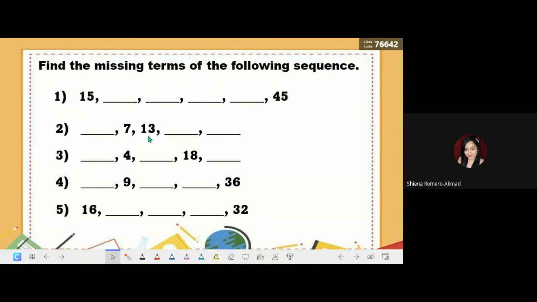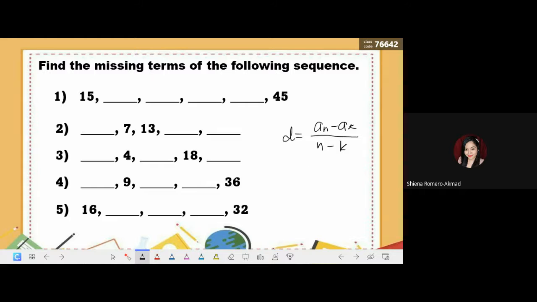So we have 1 to 5. Find the missing terms of the following sequence. Makikita nyo merong mga missing terms dyan. So ano lang ang gagawin natin? Gagamit tayo ng formula na difference. Difference is equal to a sub n minus a sub k divided by n minus k.